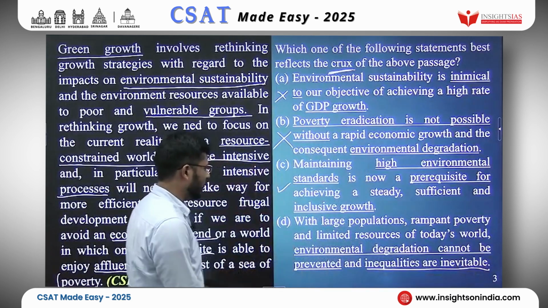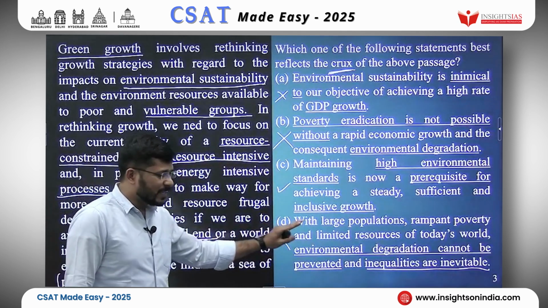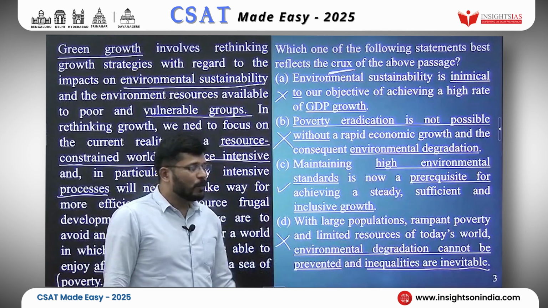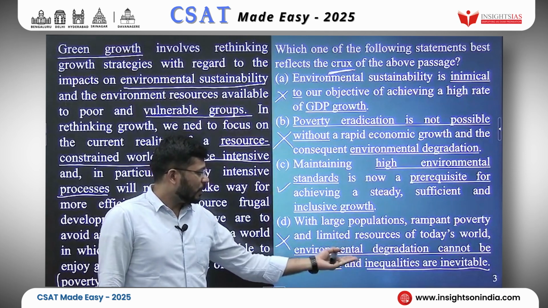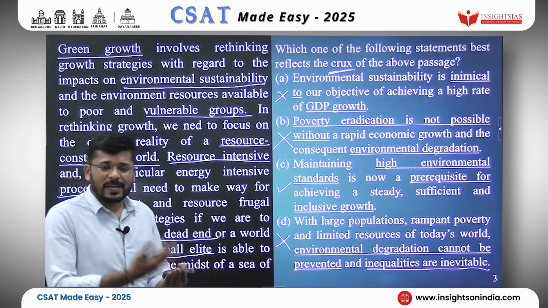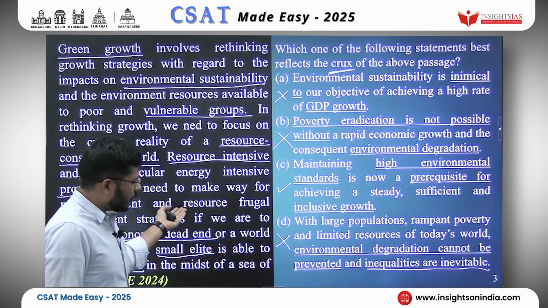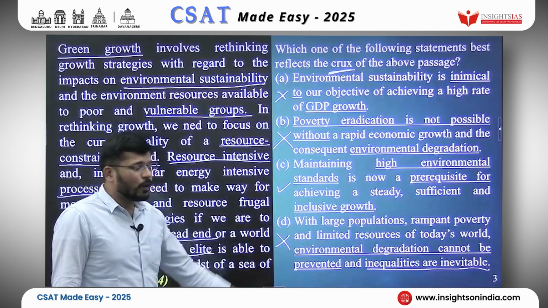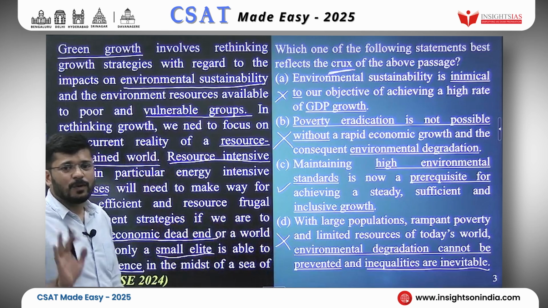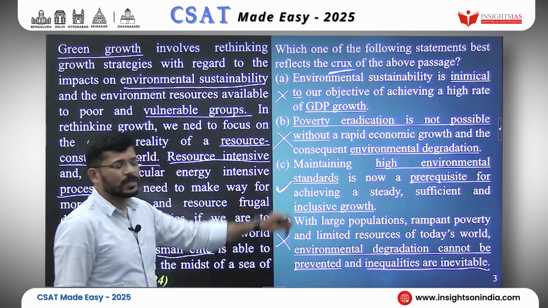No, we will reject this option also. Why? Because this option says that environmental degradation cannot be prevented and inequalities are inevitable, but that is not what this passage is telling. This passage is telling, let's reduce inequality, and on the way of reducing inequality, we shall also maintain environmental sustainability. So this is also not agreeing with what the passage is telling. So what will our option be? Our answer would be option C.